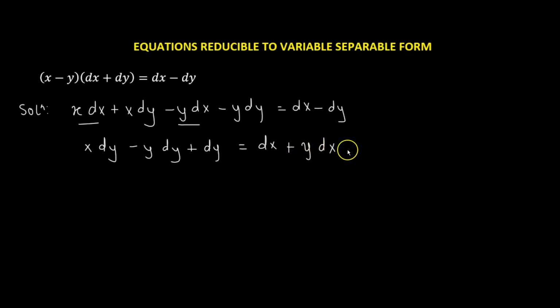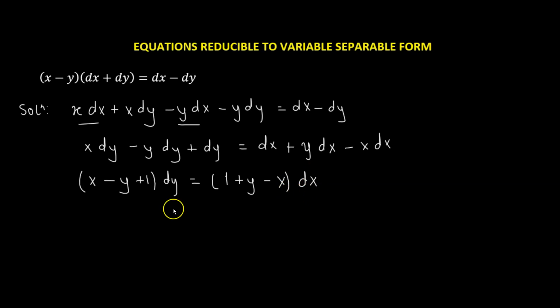So we have positive y dx - x dx. I will take dy as the common factor. So that gives us (x - y + 1) dy, which is equal to (1 + y - x) dx.